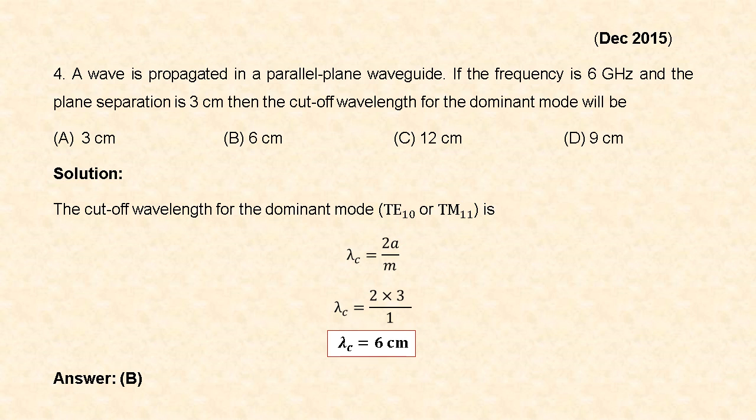Cutoff wavelength lambda c is equal to C by Fc. Substituting m is equal to 1 and n is equal to 0, we have lambda c is equal to 2a by m. Lambda c is equal to 2 into a, which is the plane separation 3 cm, divided by m is equal to 1. We have lambda c is equal to 6 cm. That is, the cutoff wavelength is 6 cm. So option B is correct.